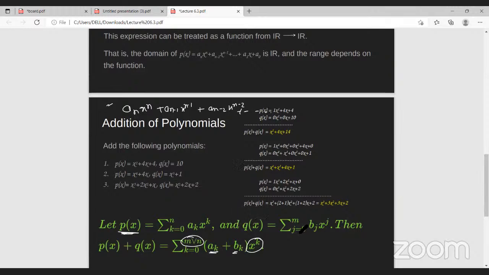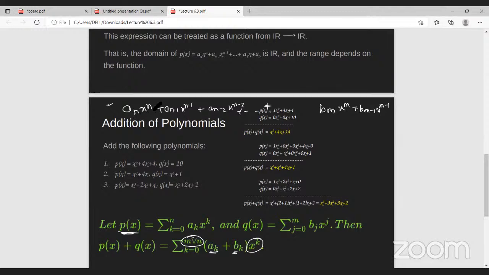And here q of x is indicating, instead of a it is b, and power is changing from 0 to m. So b m x to the power m plus b m minus 1 x to the power m minus 1. Now if I want to add these two, I simply have to check for the terms which have the same degree, right?